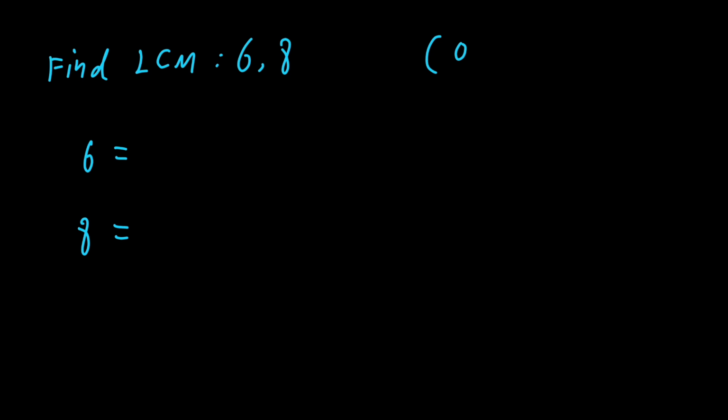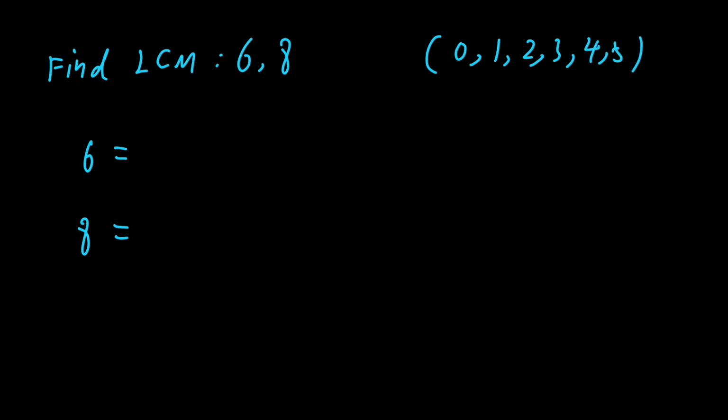Let's see another one. Find the LCM for these two numbers. So we start by figuring out the list of multiples. Again, we want to list out some whole numbers starting from 0, 1, 2, 3, 4, 5.